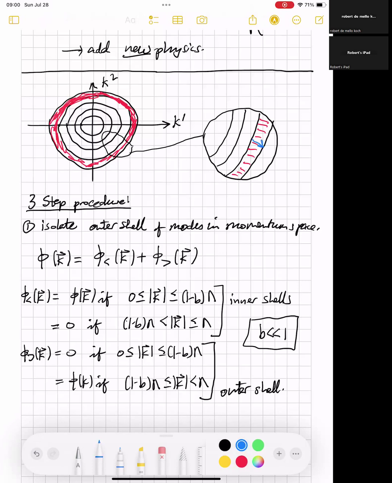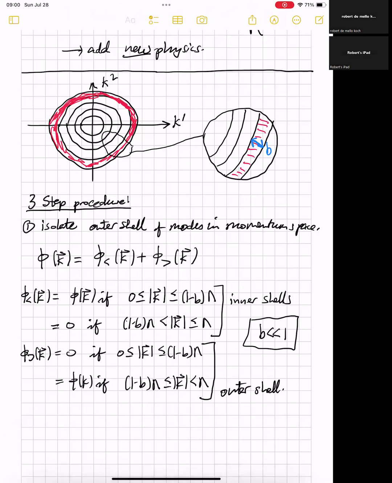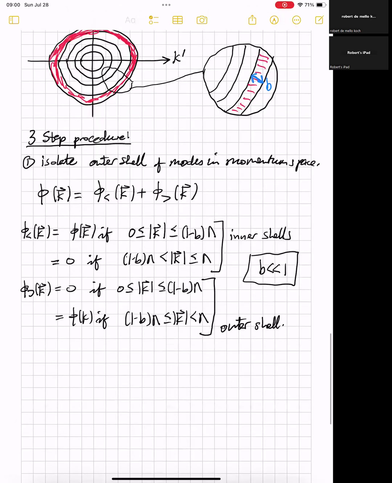It just sets the size of this shell, and all of these different shells have exactly the same value for b. So b is some constant parameter. Good, that was pretty easy. We just separated out a shell. That was step number 1.